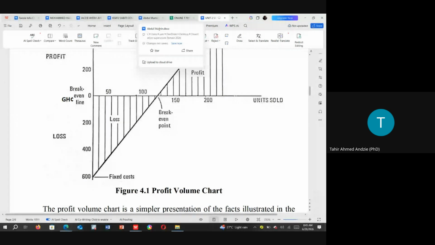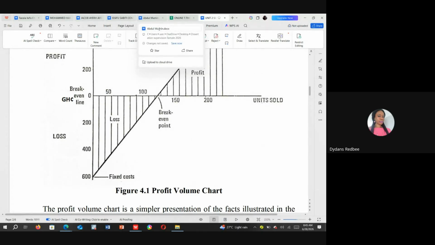That will be 50 times 20,000, which is 1 million.